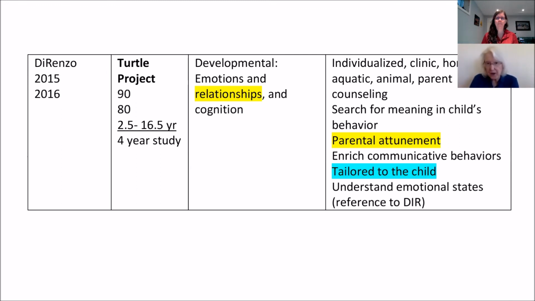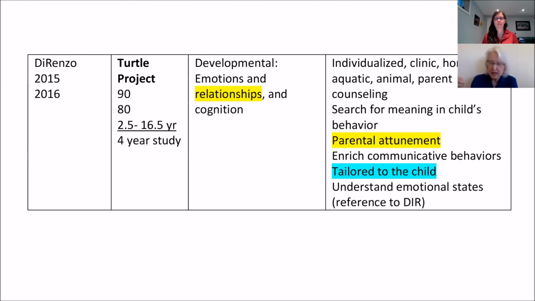They were also looking at IQ, at intelligence or cognition, and not many studies look at that specifically, but as they describe it, and they reference Greenspan in their philosophy and their thinking, cognitive development and social development are inseparable.